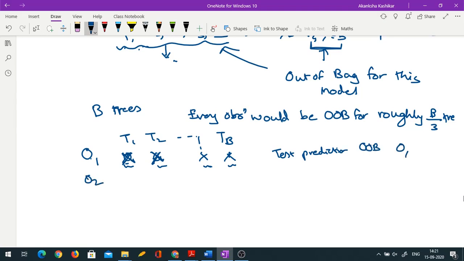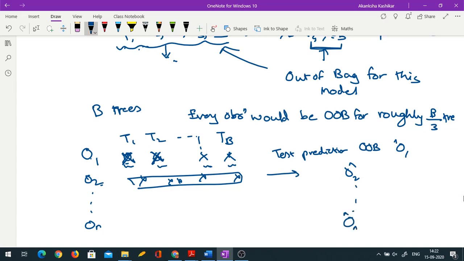You repeat this exercise for every observation. For every observation, you locate the trees in which that observation was not present, take predictions only from those trees, and take the average or mode of those predictions to get O1 hat, O2 hat, and so on up to ON hat. These are now my out of bag predictions, and using them we can compute the out of bag error.